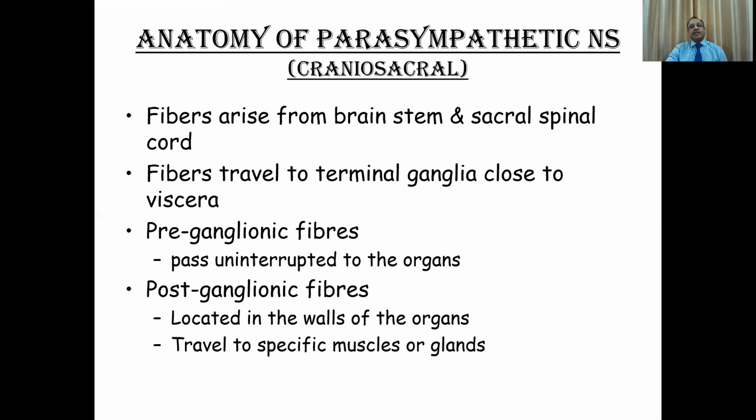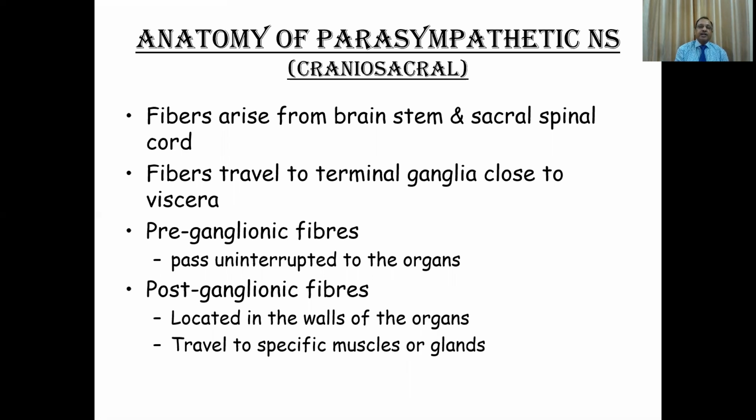Having dealt with the sympathetic nervous system, now let's talk about the anatomy of the parasympathetic nervous system. It is also called the craniosacral nervous system because of the location from where the fibers arise. The fibers, after arising from the brainstem and sacral spinal cord, travel to the terminal ganglia which are close to the viscera. Now here is the difference.